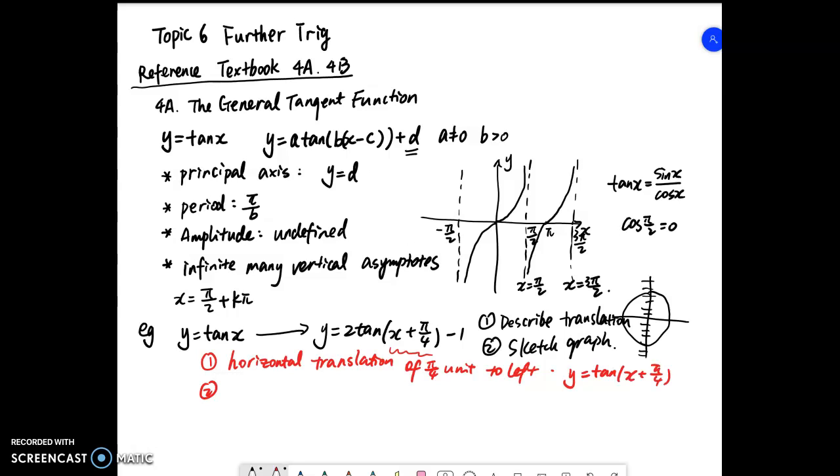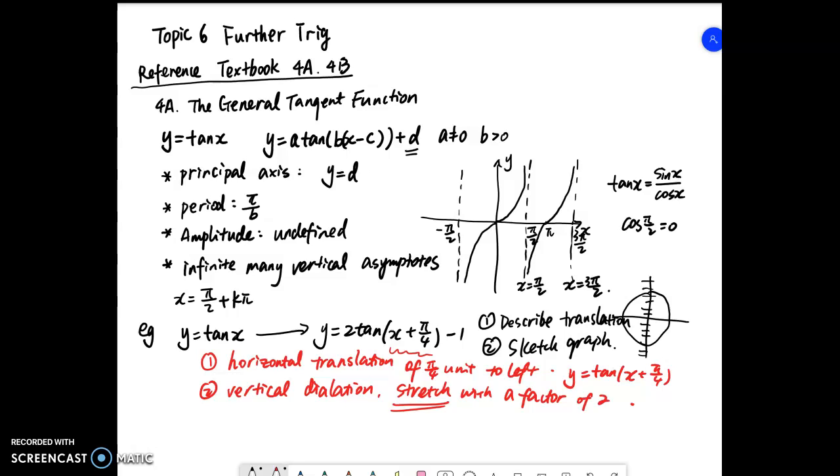The second step is a vertical dilation, stretched. Make sure you include these words, because otherwise, if you only say dilation, people don't know whether it is a stretch or a shrink. Stretched with a factor of 2.